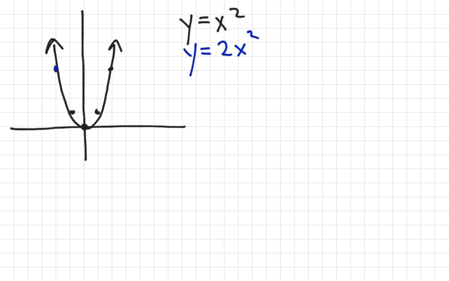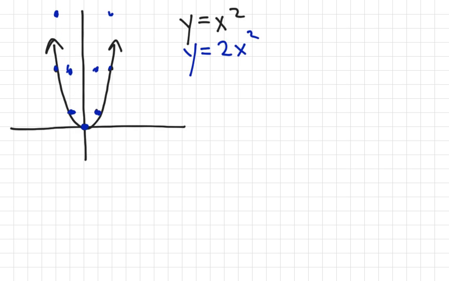The output's going to become 8. This point here, which is (-1, 1), is going to become (-1, 2). 0 times 2 is 0, so it stays where it's at. (1, 1) is going to become (1, 2), and (2, 4) is going to become (2, 8).